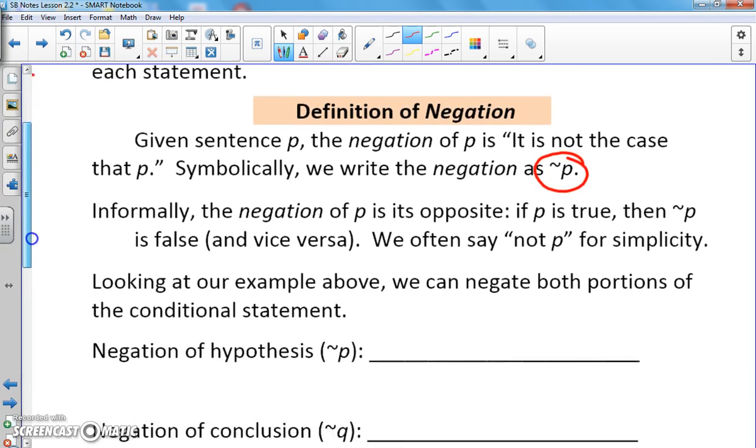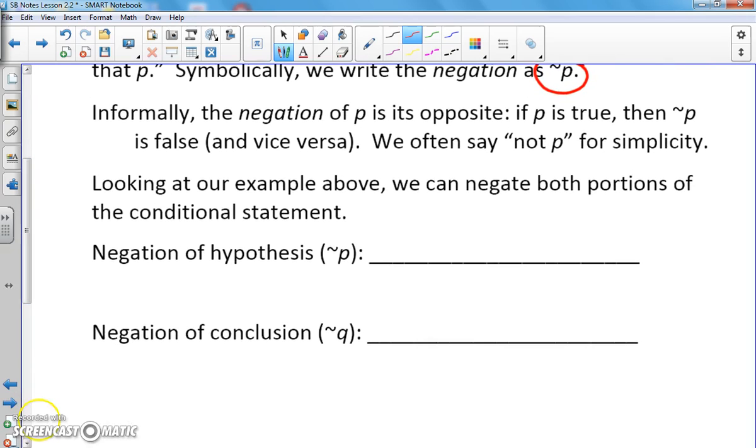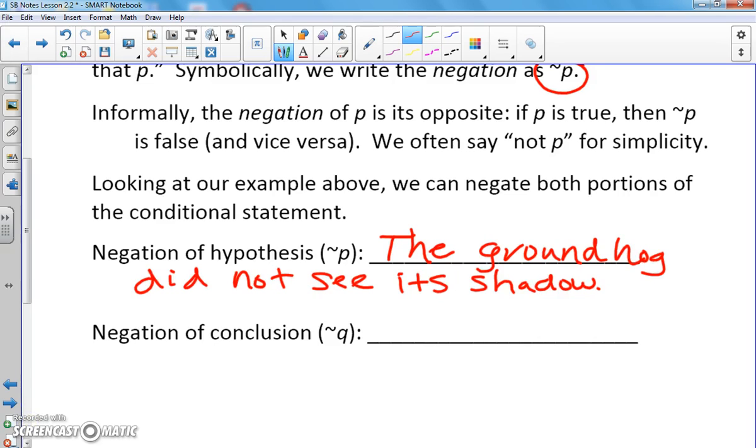So let's look at our example above about our groundhog. The hypothesis was the groundhog saw its shadow. So the negation of that would be that the groundhog did not see its shadow. The conclusion in this case says that the weather will be bad.